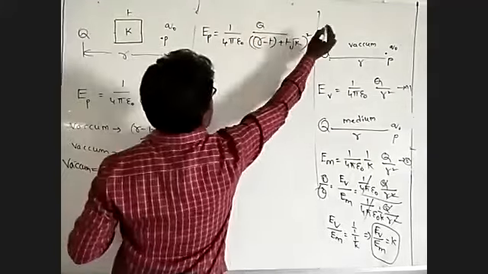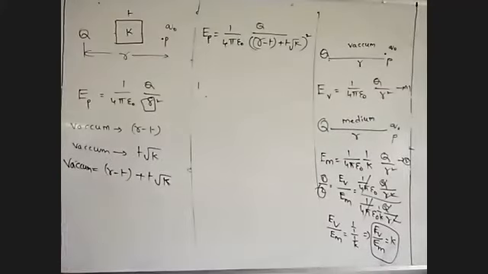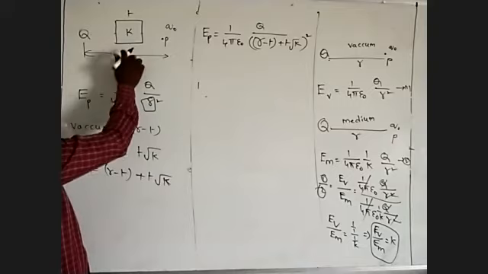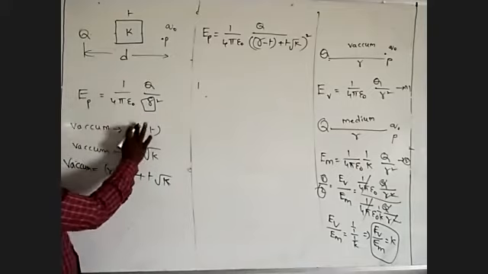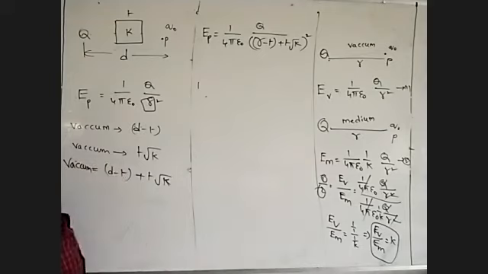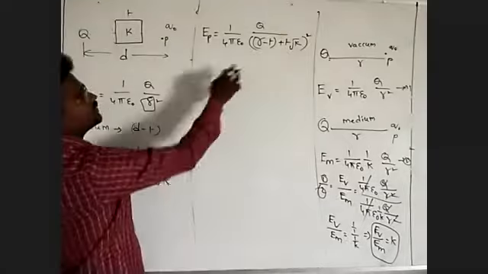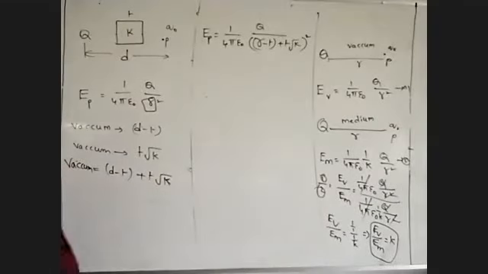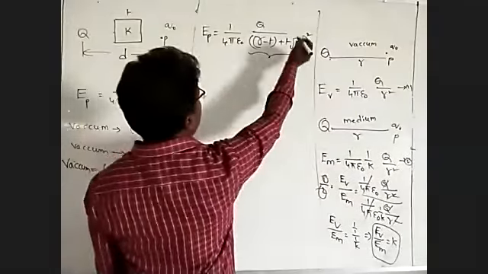That is the formula. Here you can take the distance as D, so it becomes D minus T plus T root K. This is very important.